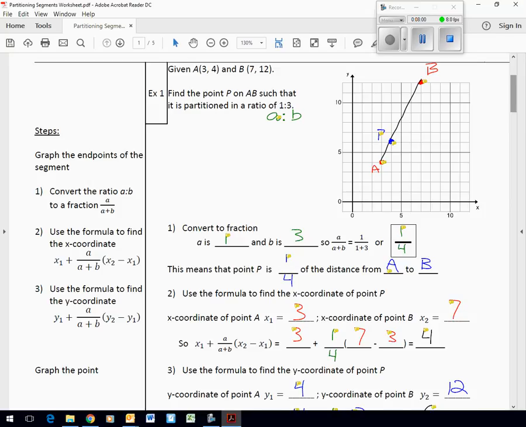You see how it says partitioning a line segment? All right, so the formula you should be looking at says (x, y) equals x1 plus a over a plus b, parentheses, x2 minus x1; y1 plus a over a plus b, parentheses, y2 minus y1.